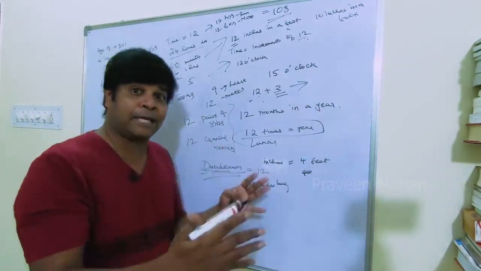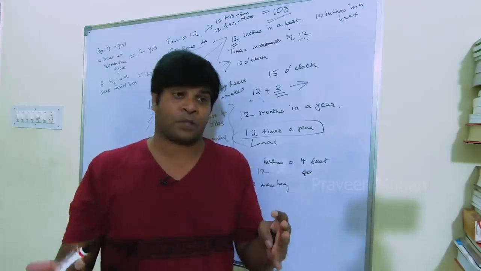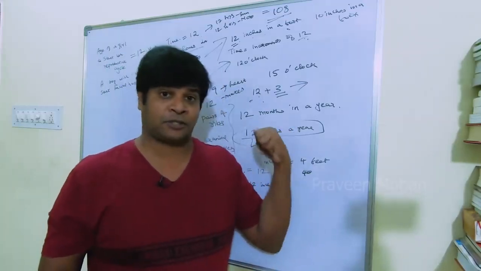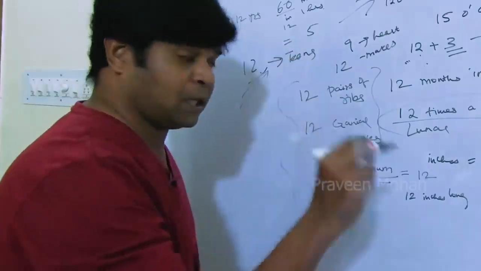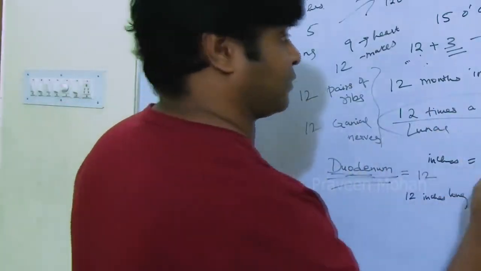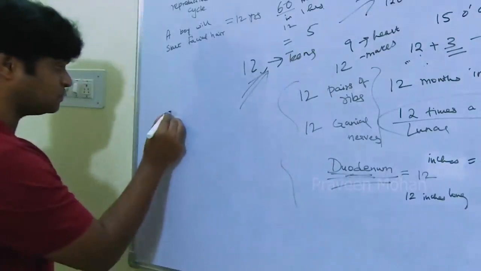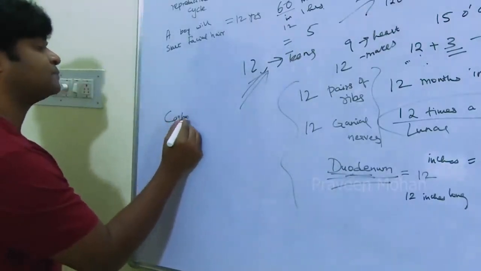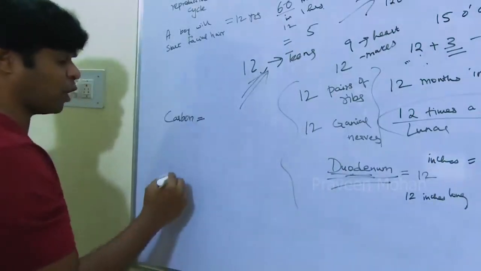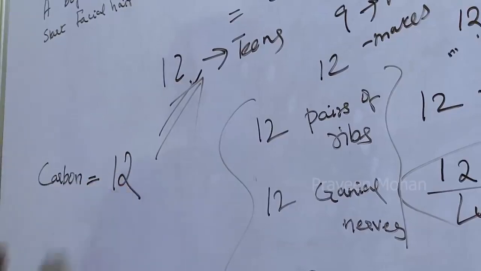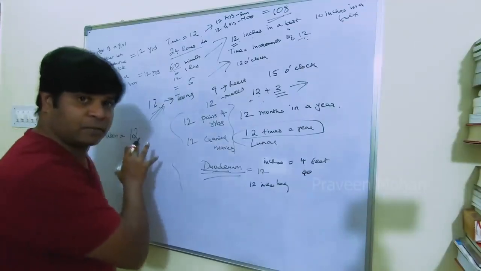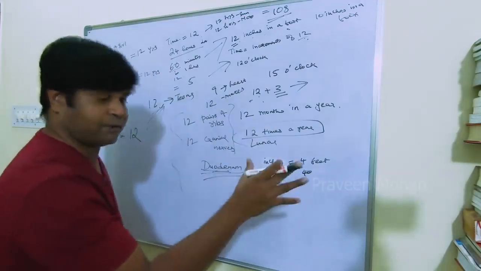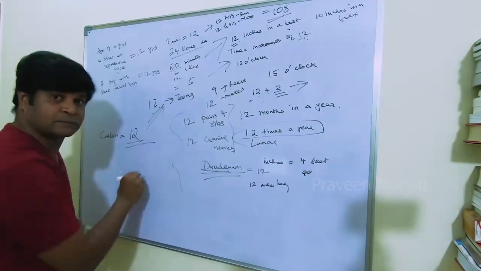If you looked at any living being, you would find the connection to the number 12. Because living beings, all living things, are made of carbon. And the atomic mass of carbon is 12, okay? And this is the big difference between living beings and non-living things. That's a number 12.